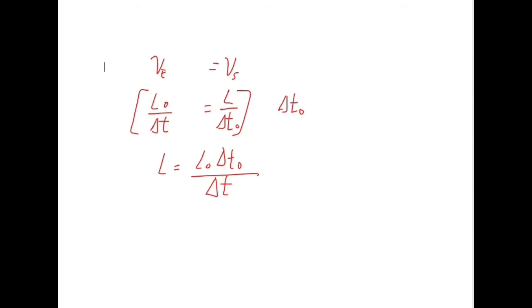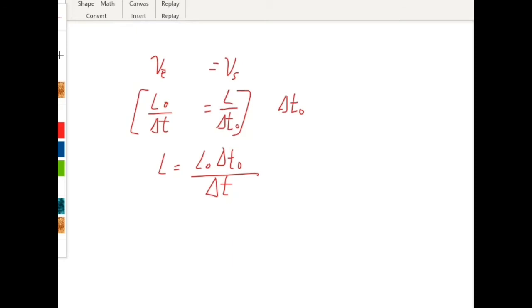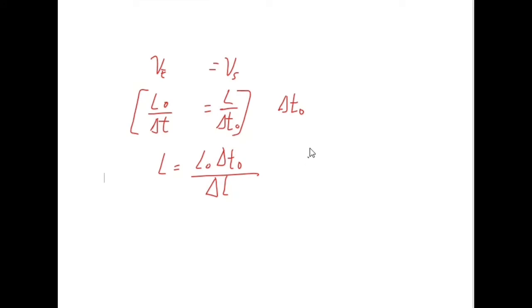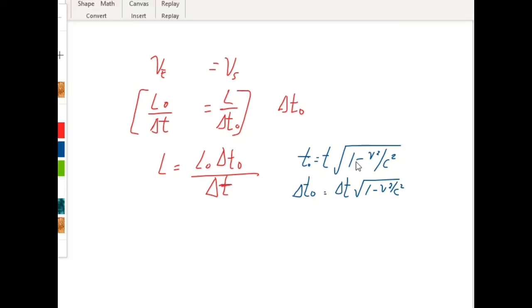In time dilation, we have an equation where the proper time is equal to the time multiplied by the square root of 1 minus V squared over C squared. So we can use that. If we are talking about time interval, delta T0 is equal to delta T times the square root of 1 minus V squared over C squared.